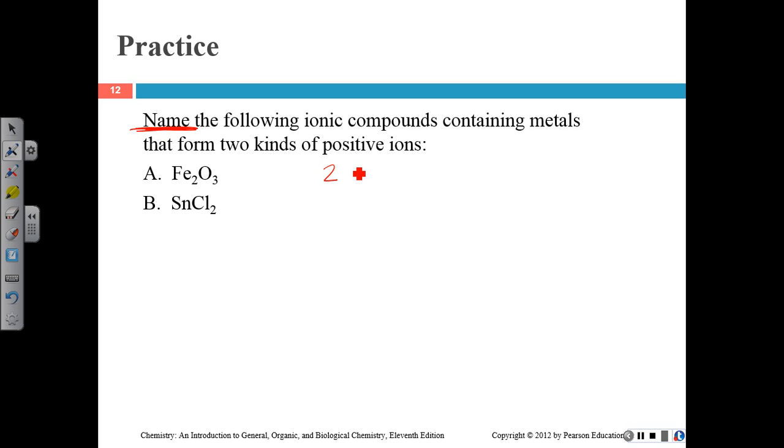We now have 2 iron atoms, and we do not know the oxidation state. And we have 3 oxygen atoms, it's a -1. You cannot forget that 2 and 3 that go in from the number of atoms.